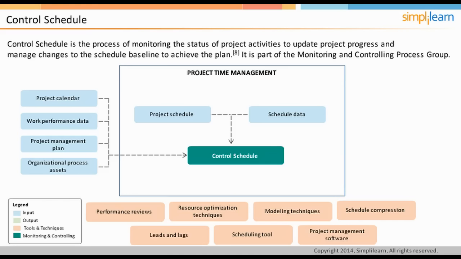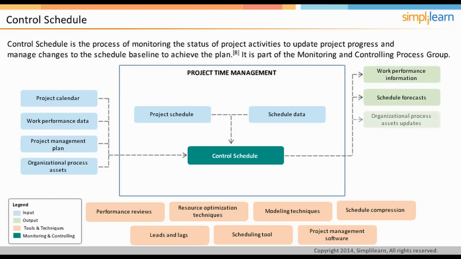The key output of the control schedule process is the work performance information. This is represented in the form of schedule variance, SV, and schedule performance index, SPI. As a part of the control schedule process, the project team will generate forecasts, likely schedule for forthcoming activities, and project as a whole.